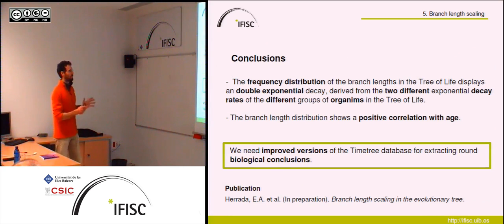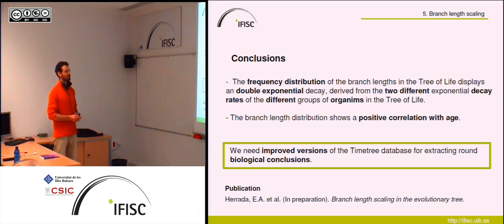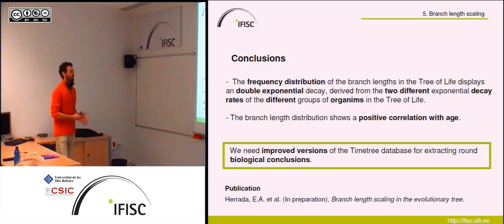So from these results, the conclusion that we obtained was that the frequency distribution of the branch length in the tree of life displays a double exponential decay derived from the two different exponential decay rates of the different groups of organisms in the tree of life, and the branch length distribution shows a positive correlation with age.